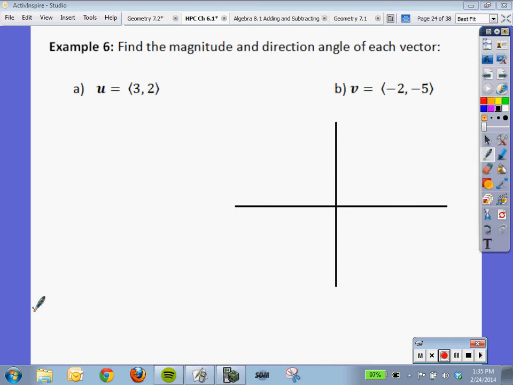So part B, let's go ahead and draw the vector. We know our vector should be in the third quadrant here, shooting off to the negative x, negative y direction.